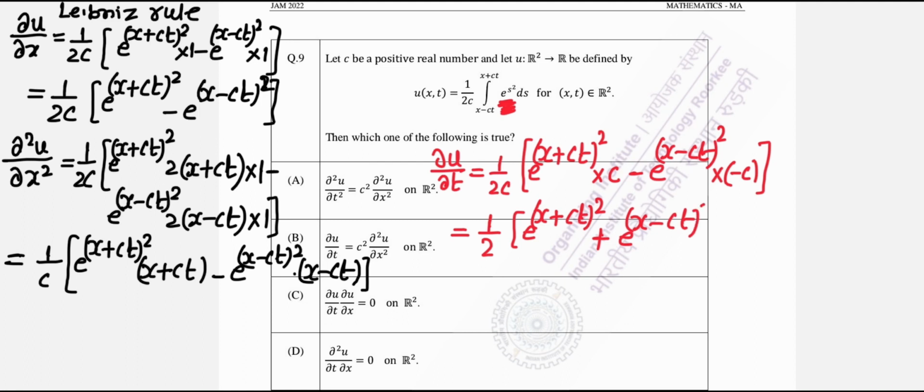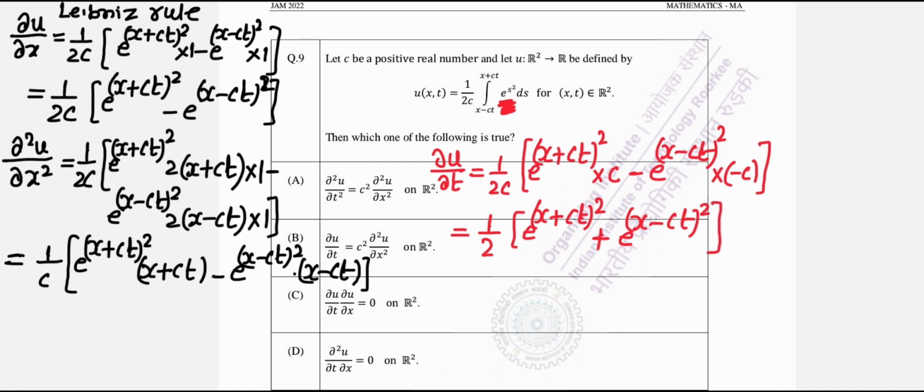This is the process to use Leibniz rule, and the lower limit will now be differentiated with respect to t, and that will give you minus c. Okay, so a simple calculation will give you 1 by 2, e to the power x plus ct whole square, minus, sorry, plus e to the power x minus ct whole square.